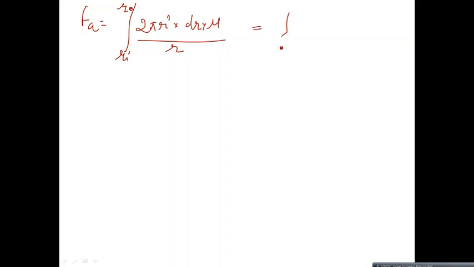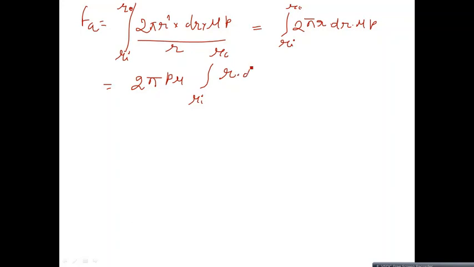Now rewrite the equation for axial force. Now this is the axial force Fa equal to integration from Ri to R naught, 2 pi r square into dr into mu, divided by r. If we rewrite for the axial force, what will we get? Integration Ri to R naught 2 pi r dr into mu.